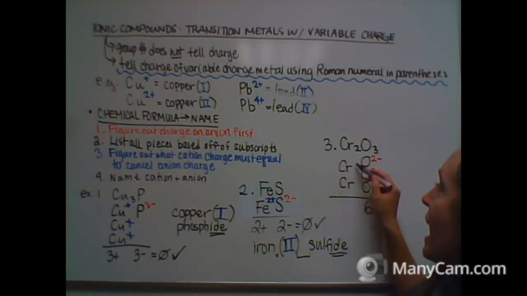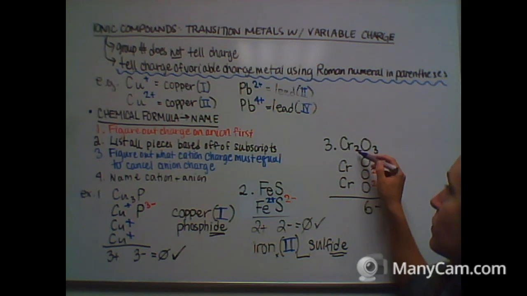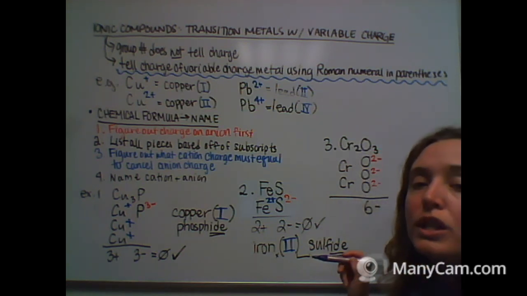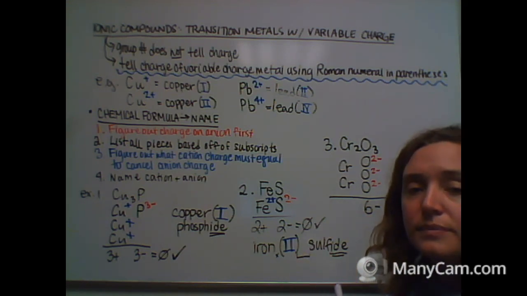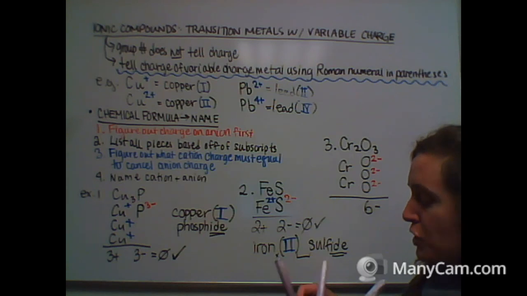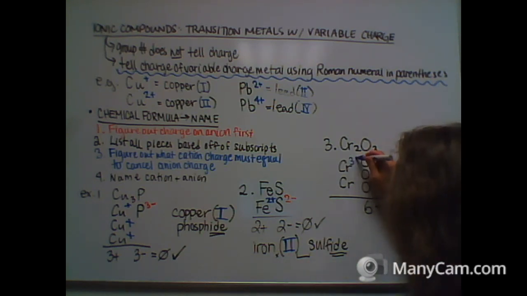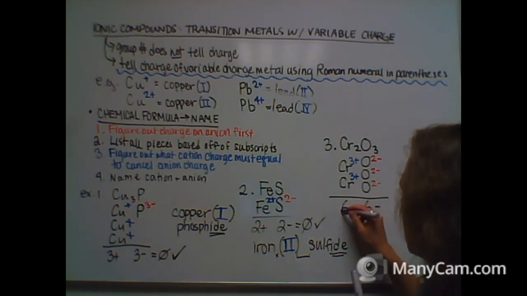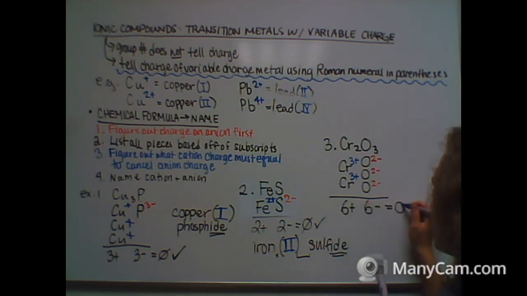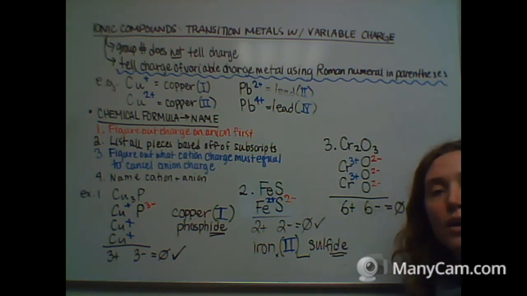Now, since we have 2 chromiums from the subscripts, what must the charge on each chromium be to cancel out this 6 minus? Right, each should be a 3+. All right. So this does give a net charge of 0 for this compound.